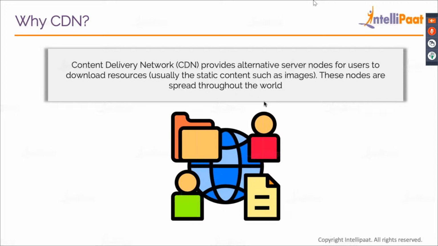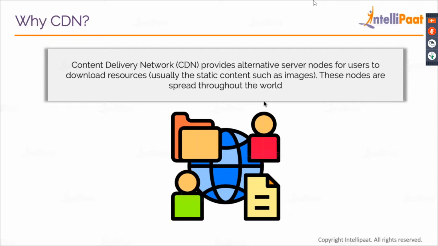Now, what is a content delivery network? A content delivery network basically helps you to cache the data to the nearest servers for the user. Let's say there is my server in the US. There are some files which are never going to change, some images on the website, some static files per se.